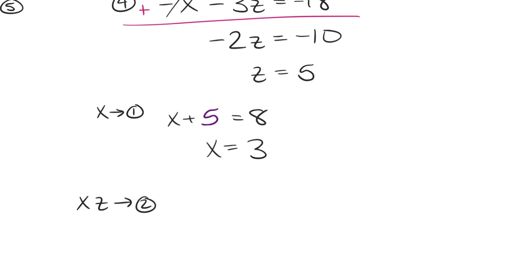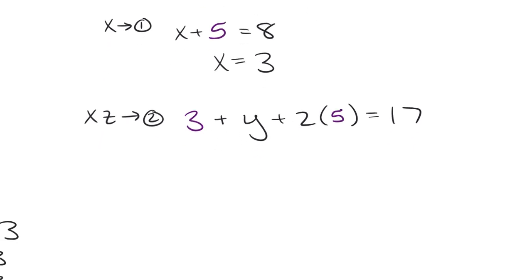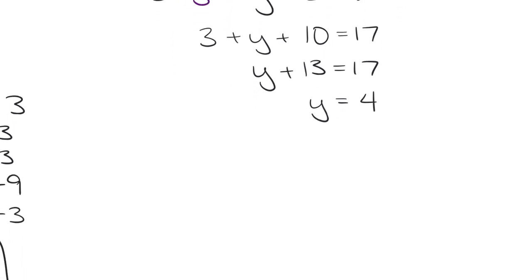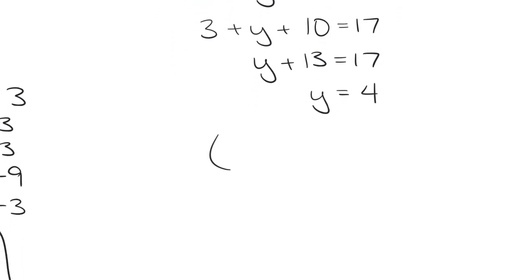You could plug them into number 3 if you wanted to, but this ends up being 3 plus y plus 2 times z equal to 17, which is 3 plus y plus 10 equal to 17, or y plus 13 equal to 17. So what is y equal to? 4. So our ordered triple here is 3, 4, 5.